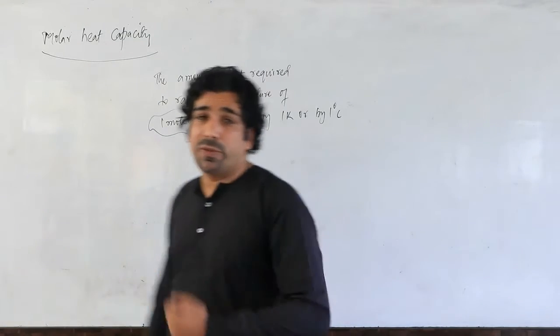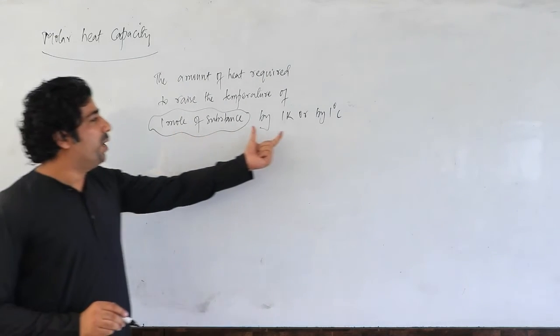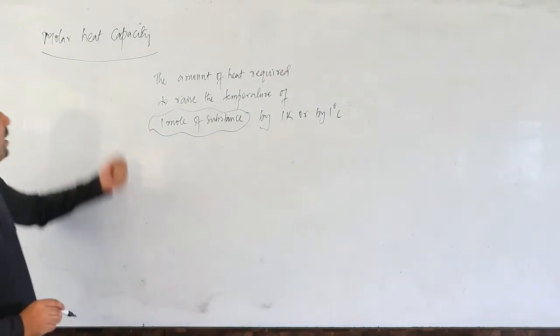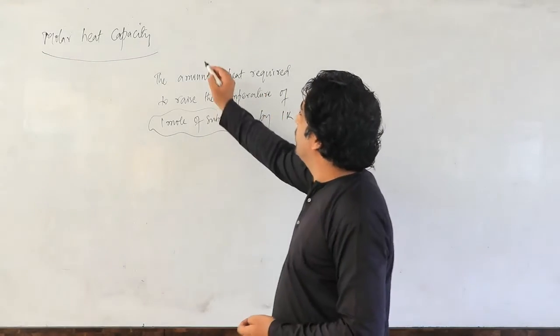So it's the amount of heat required to raise the temperature of 1 mole of substance by 1 Kelvin or by 1 degree Celsius. See here my dear friends, molar heat capacity you can represent like this also.